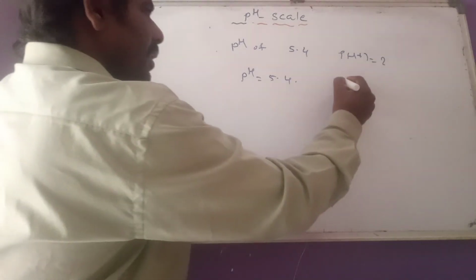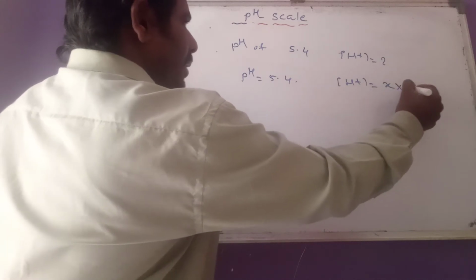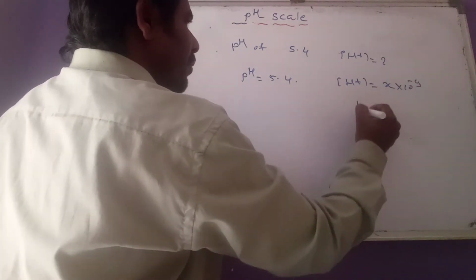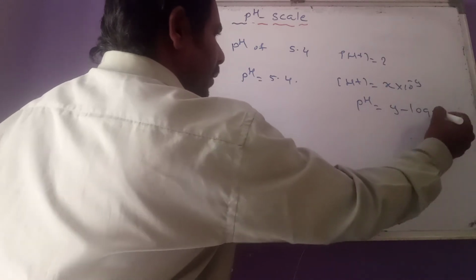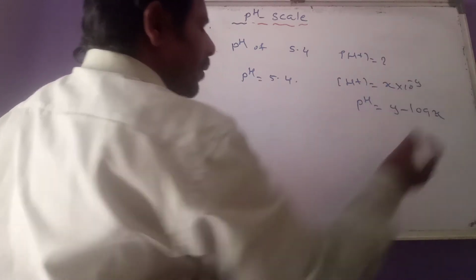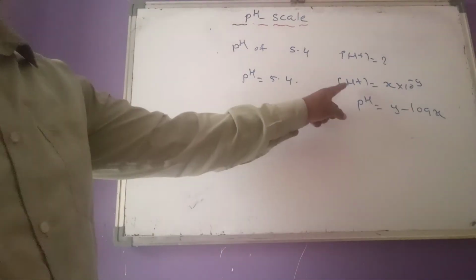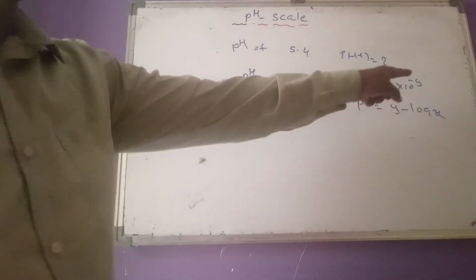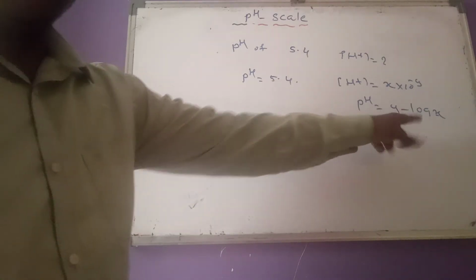If H plus concentration is x into 10 power minus y, then pH can be written as y minus log x. Remember this formula. If H plus concentration is x into 10 power minus y, pH equals y minus log x.